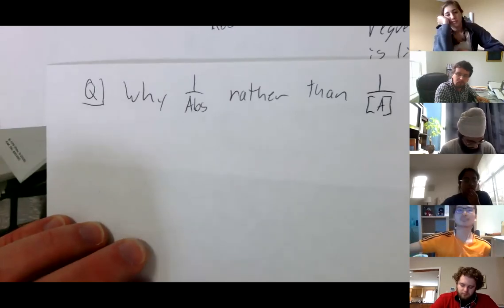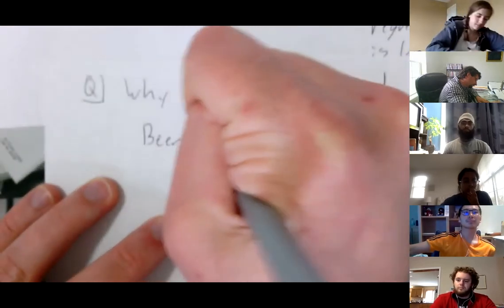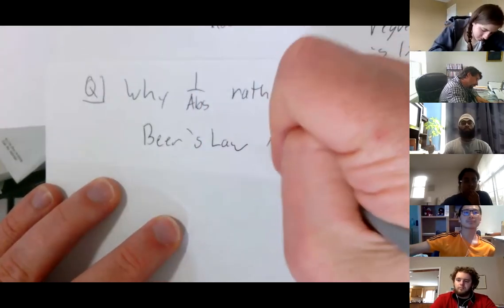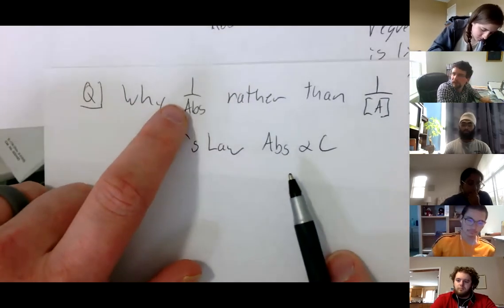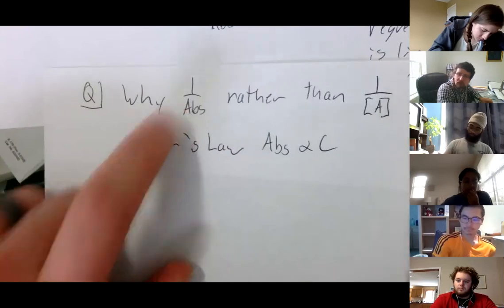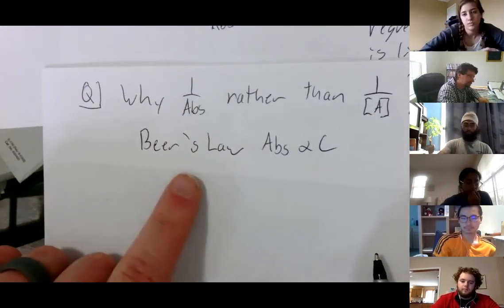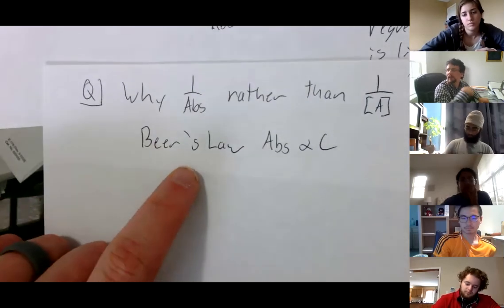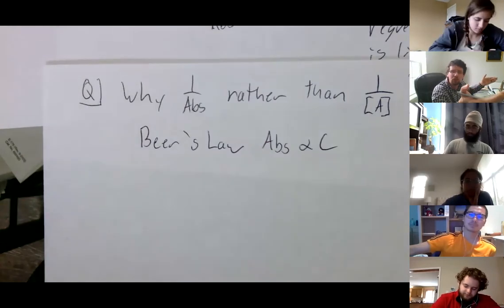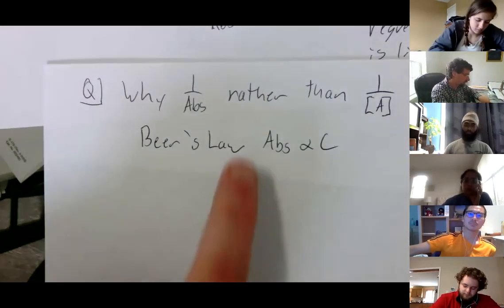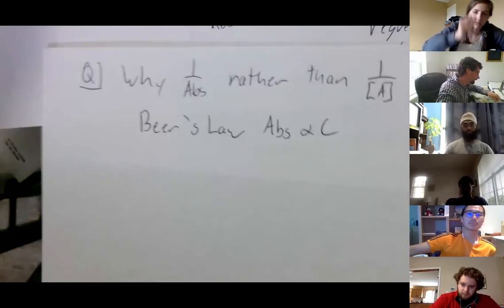Beer's law, because they're proportional. Yep, absorbance is proportional to concentration. And why is it beneficial to use absorbance rather than concentration? We don't know the concentration. Yeah, we would have to know the molar extinction coefficient. It means more manipulation, more data that we have to deal with. So just working with absorbance makes our life a ton easier, and that's what we're going to go with.